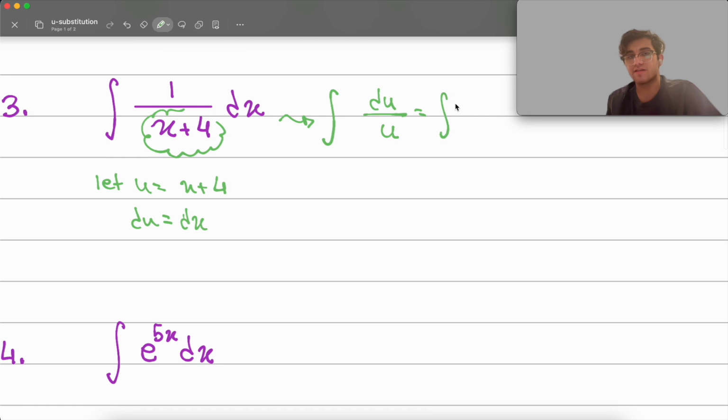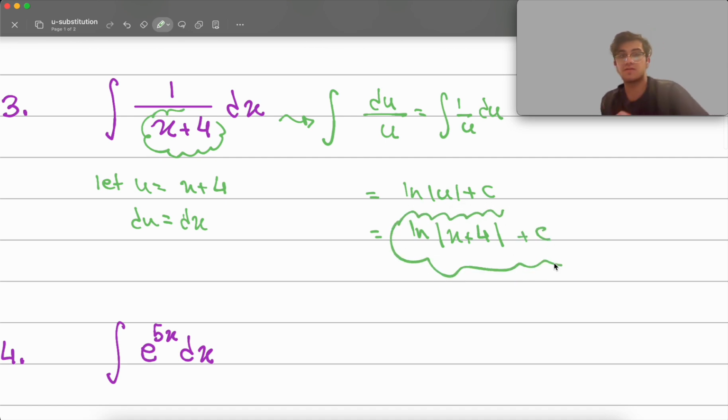Or it can be integral 1 over u du, and we know that ln of u plus c is the answer to this one. Now I can back substitute. My u is x plus 4. I can write it as ln absolute value of x plus 4 plus a constant c.